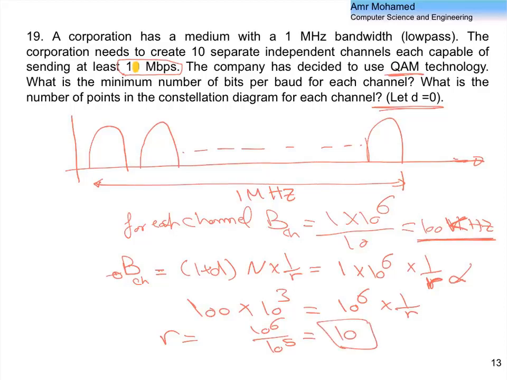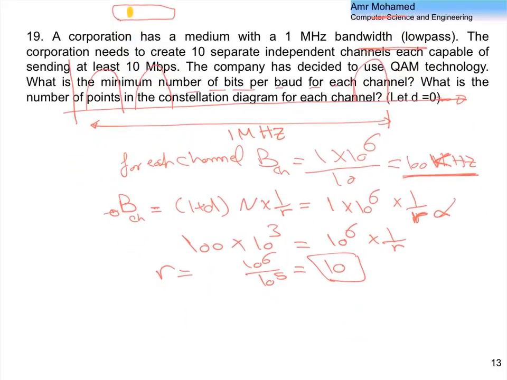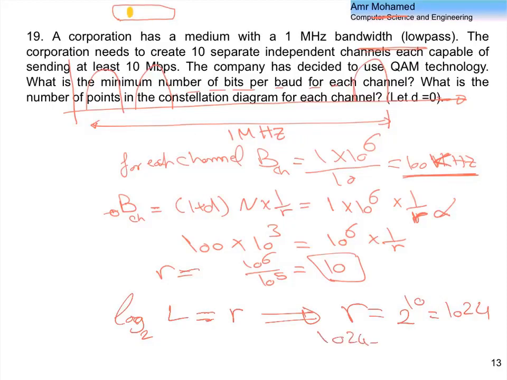So if the R value is 10, what is the number of levels we need? We know that log 2 of L equals R, so this leads to the fact that L is 2 to the power 10, so that's 1024. So we need 1024-QAM for this company.